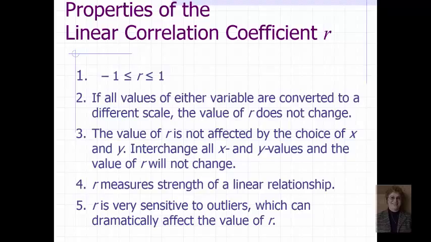Units don't matter. r is not affected by which one is x and which one is y. It simply measures the strength of the linear relationship. But r is very sensitive to outliers, so that's going to be one of those things that we look at when we explore the data, and we will do this graphically in a few slides.